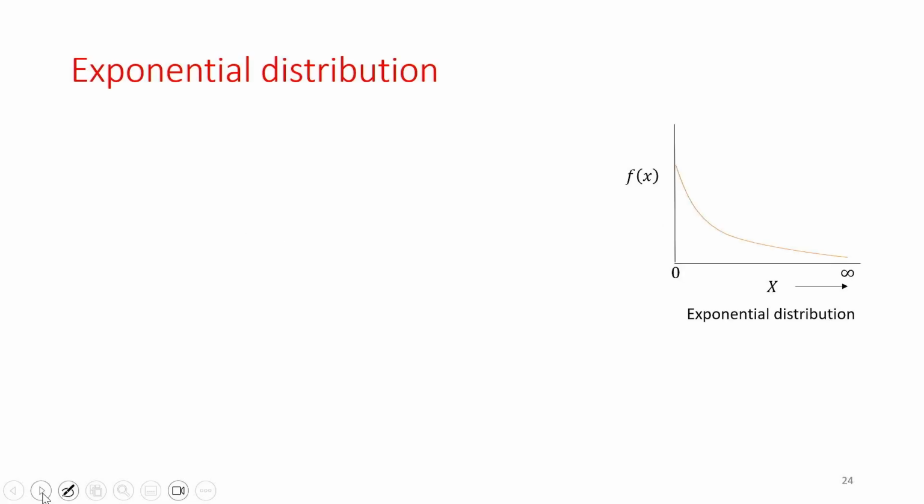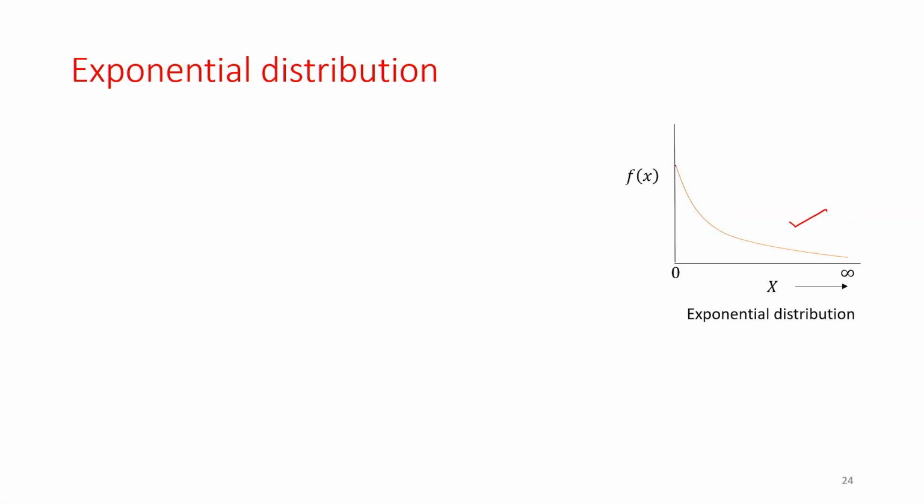Now we move on to another distribution, which is the exponential distribution. So there could be some situations in textiles where exponential distribution may be applicable. Exponential distribution looks like this.